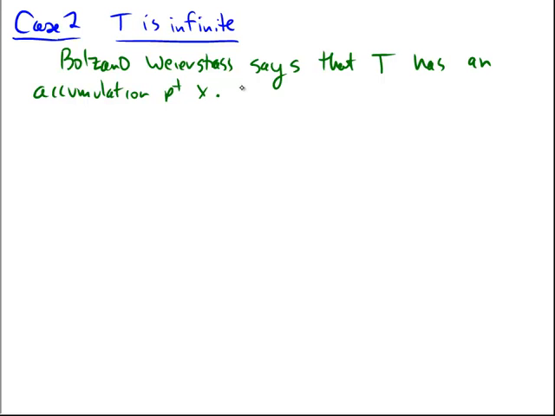Okay, now for each k in N, let N_k equal a neighborhood around this accumulation point x that has a radius of 1 over k. So for each k, these neighborhoods are going to be swallowing up around x.